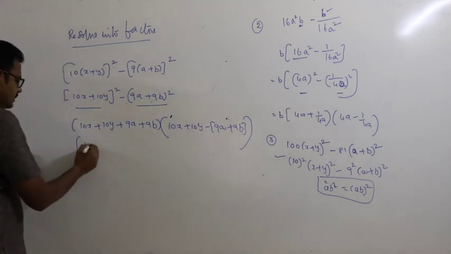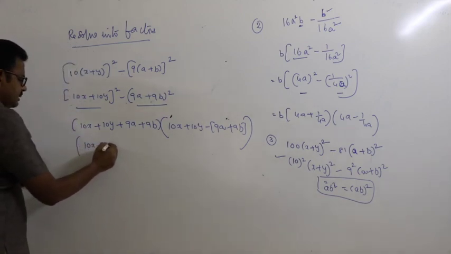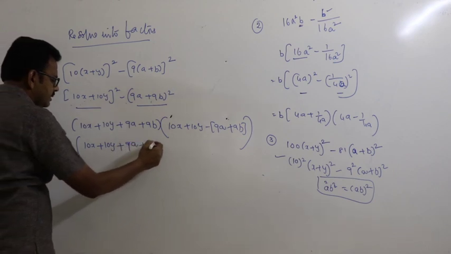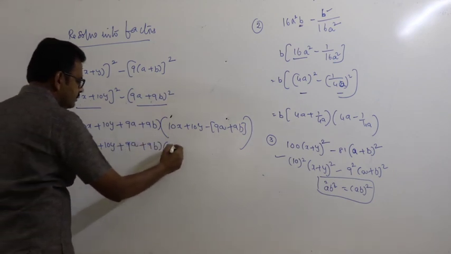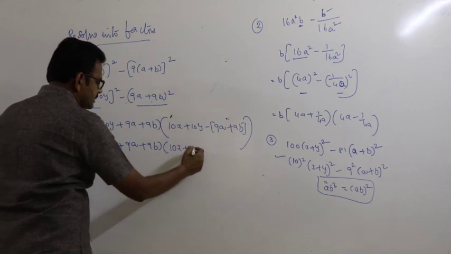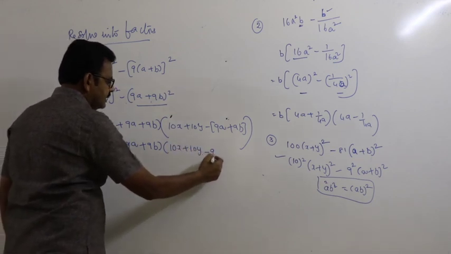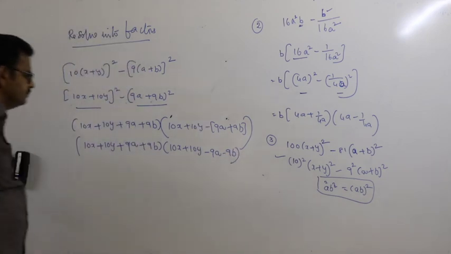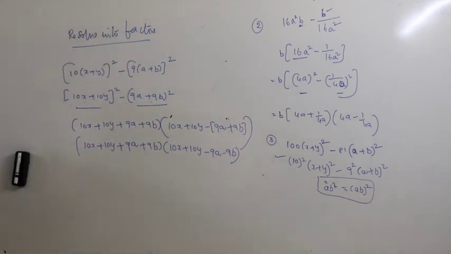So this is 10x plus 10y plus 9a plus 9b into 10x plus 10y minus 9a minus 9b. So these are the factors.